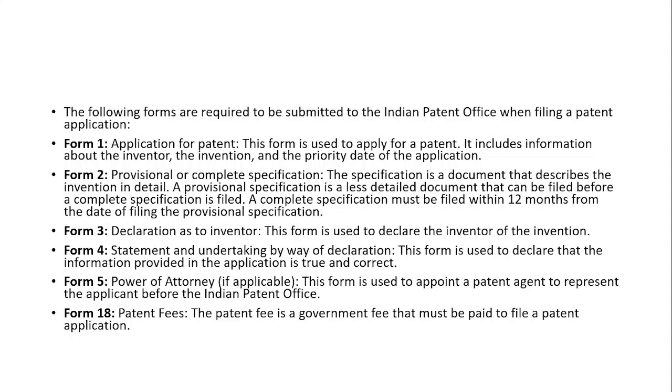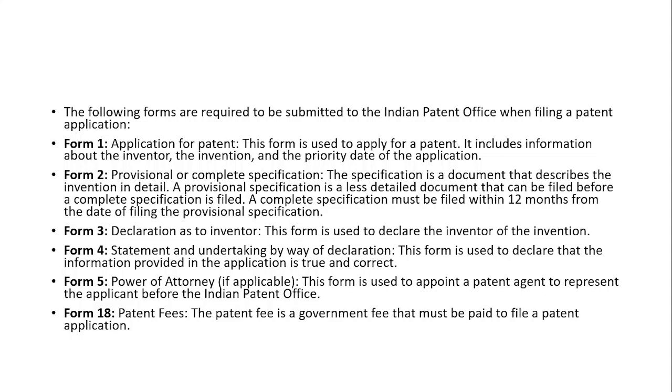A provisional specification is a less detailed document that can be filed before a complete specification is filed. A complete specification must be filed within 12 months from the date of filing the provisional specification. When you file the provisional application, within 1 year you may submit the complete specification of your product.